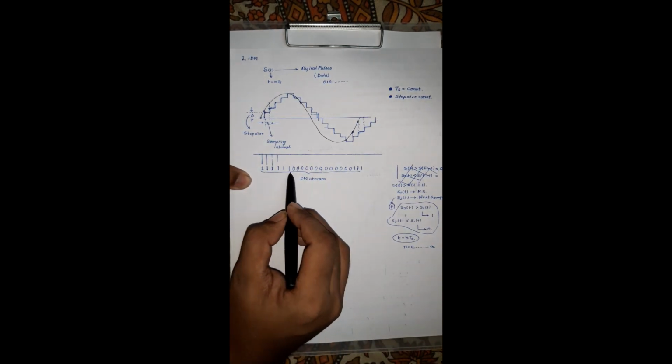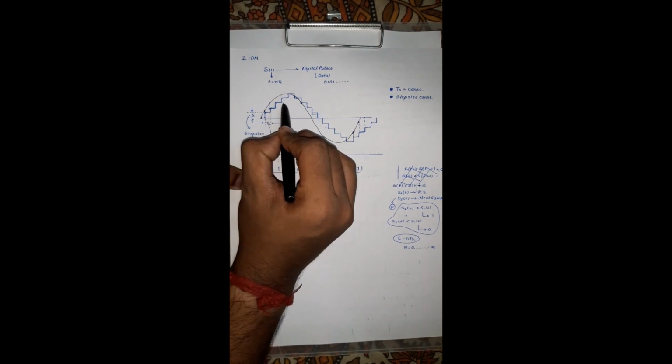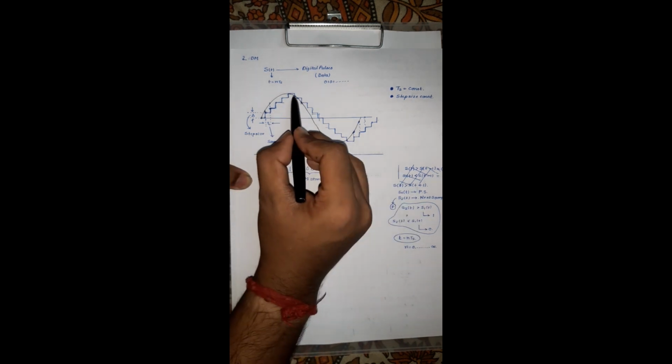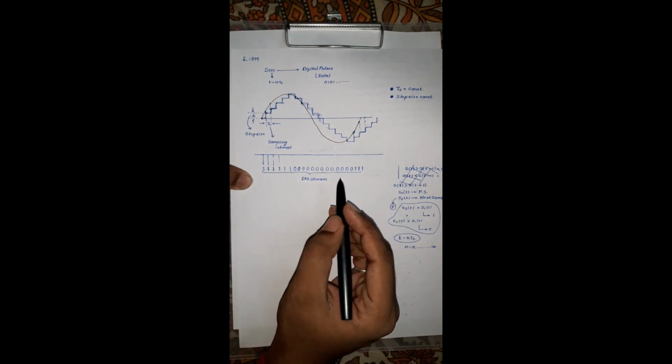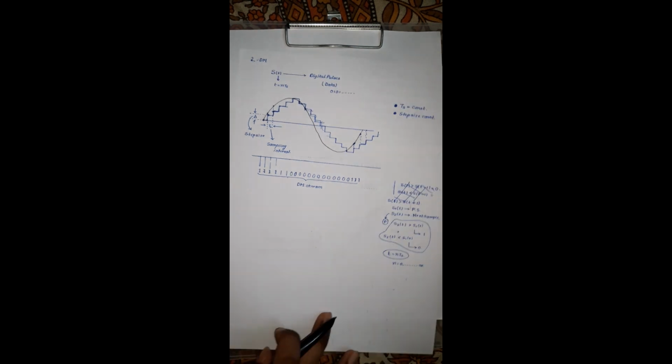Whenever it produces a 1, a step will rise, and whenever it starts producing 0, the steps will go downwards. When it sees a 0, the steps will be downwards. So that is what delta modulation is doing over here.